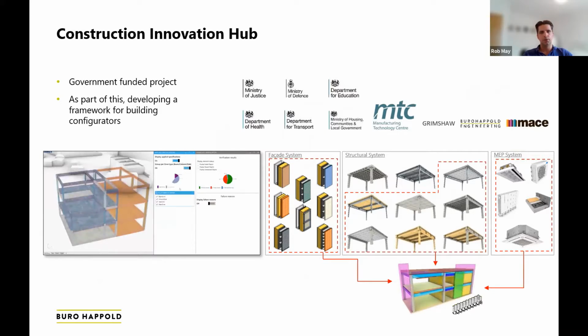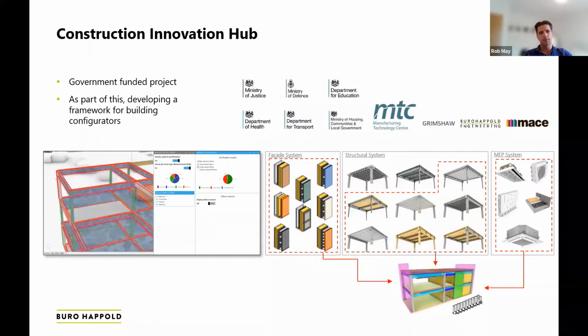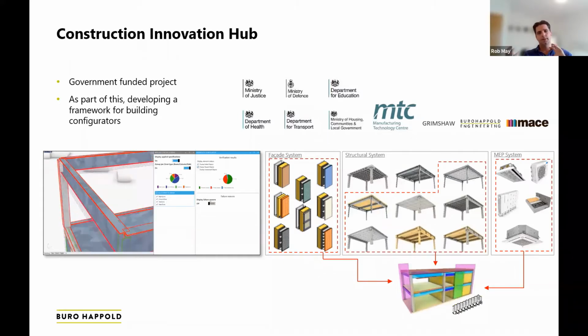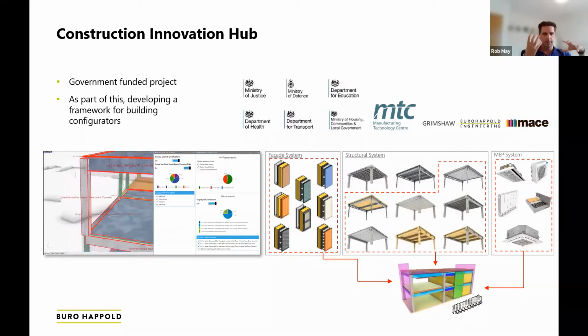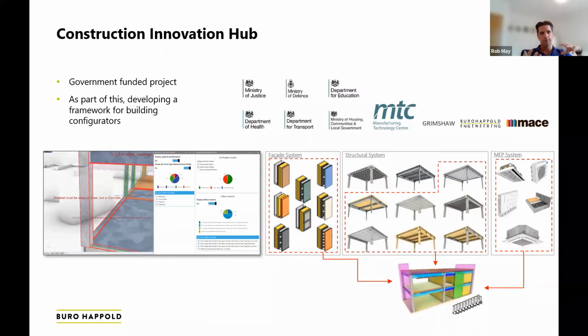It's a government funded project to look at, in part, how do we create configurable buildings and configurable parts of buildings. So breaking things down into a kit of parts and then being able to pull those together into a building and then get live metrics: the embodied carbon of the building, which is really important for us to measure, the tonnage of the building, the cost, etc.